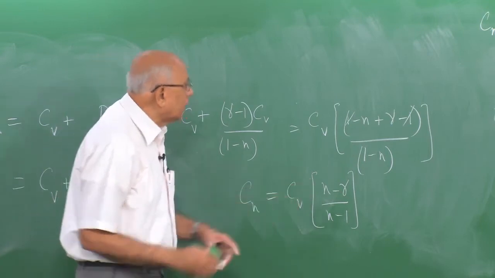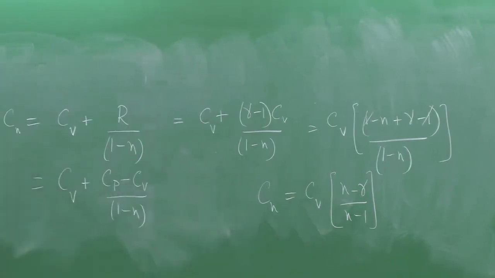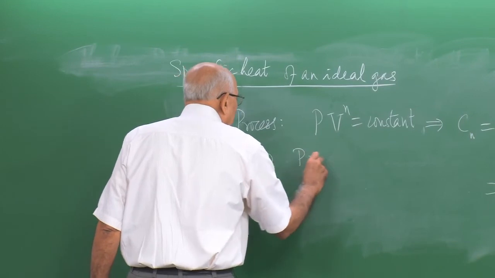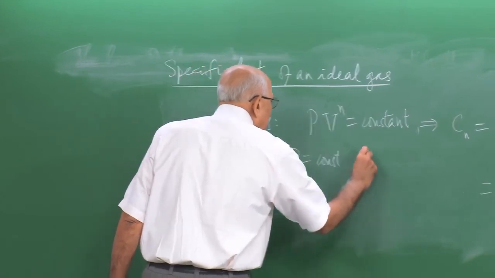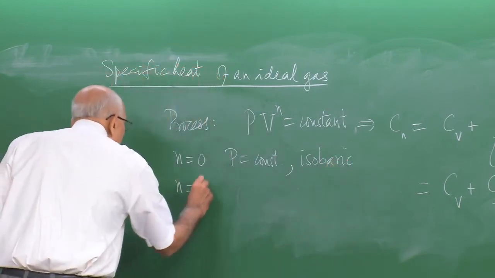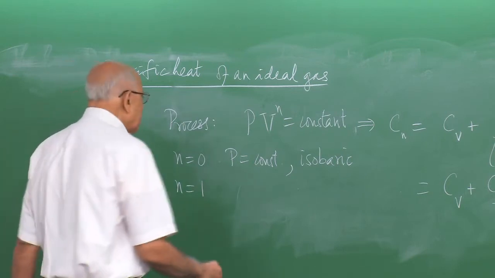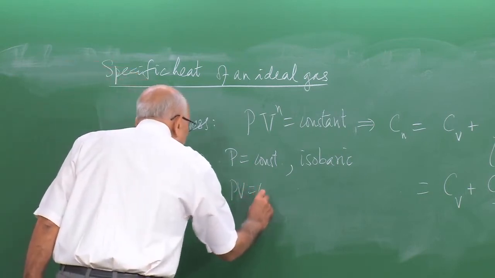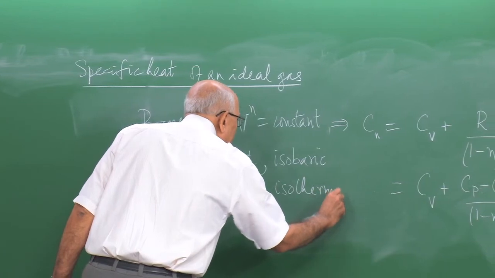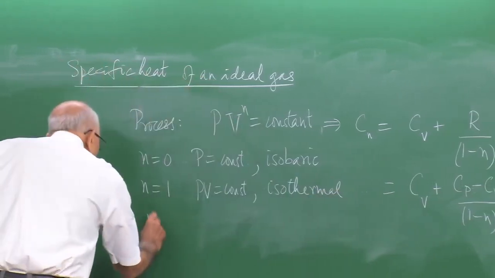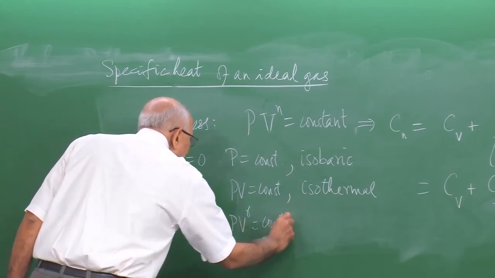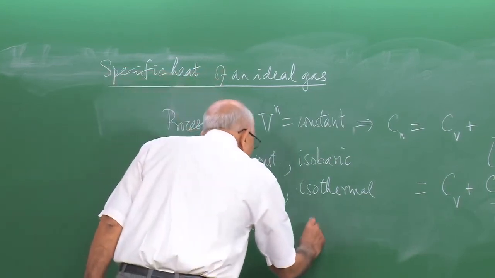When n tends to infinity, so let us recall what these things were. n equal to 0 corresponded to an isobar, P equal to constant, isobaric process, n equal to 1 corresponded to an isothermal process, n equal to gamma corresponded to PV to the gamma equal to constant, which corresponded to an adiabatic process.